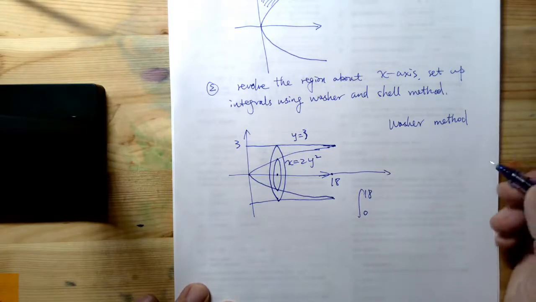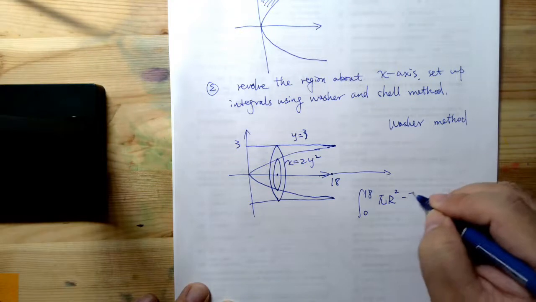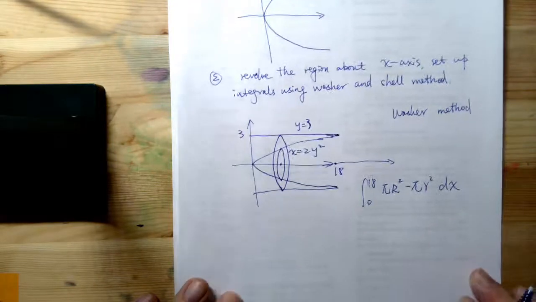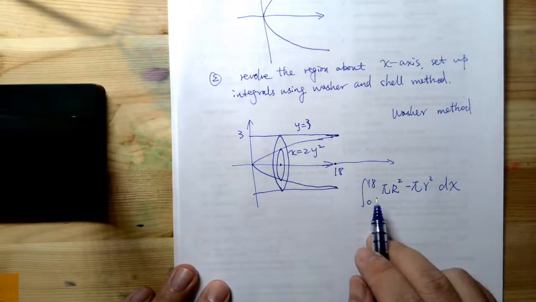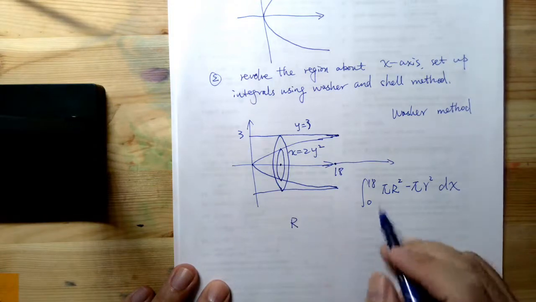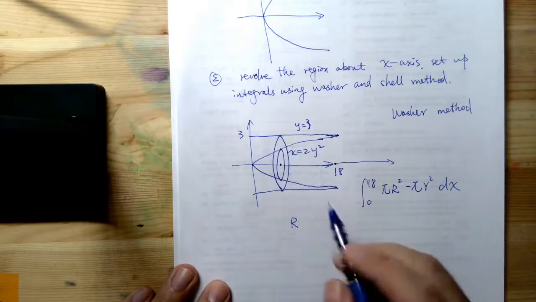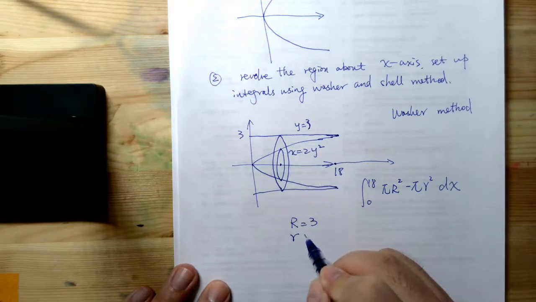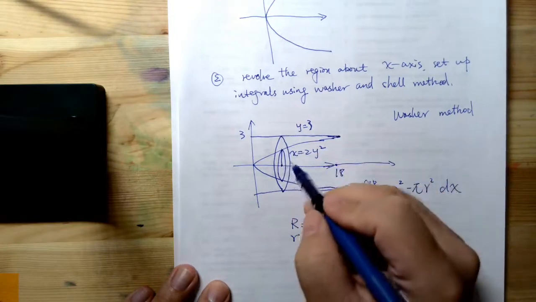It's pi times capital R squared minus pi times small r squared, and then dx, of course. Our capital R in this washer is equal to 3 no matter what, right? So it's a constant. Our small r is exactly the y, right?